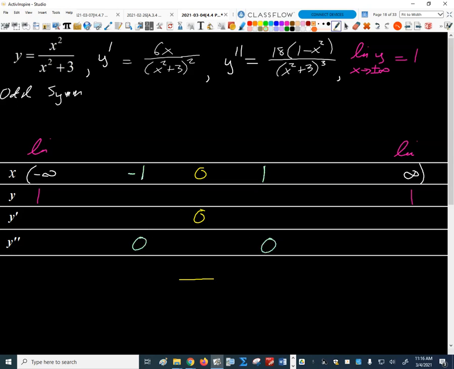Okay, what should we do? Type in chat. What's one thing I've got to do here?